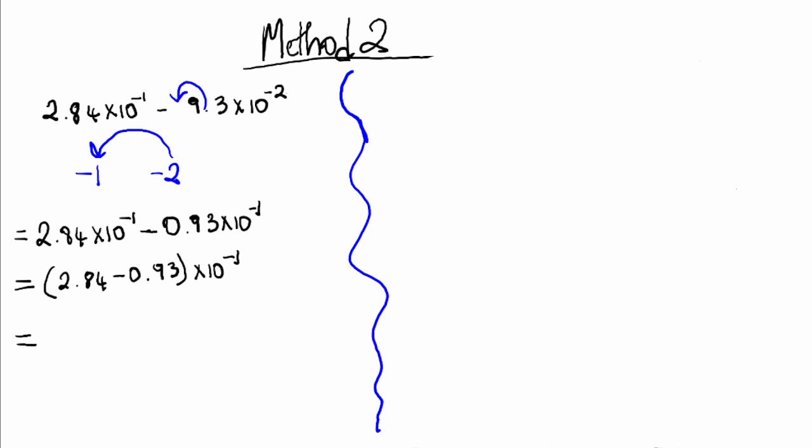And we end up with an answer of 1.91 times 10 to the minus 1. And this right here would be our final answer for this problem. Let's look at our last example.